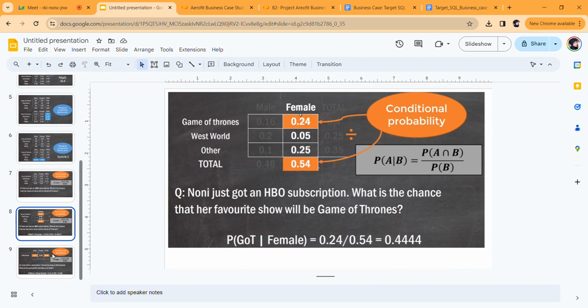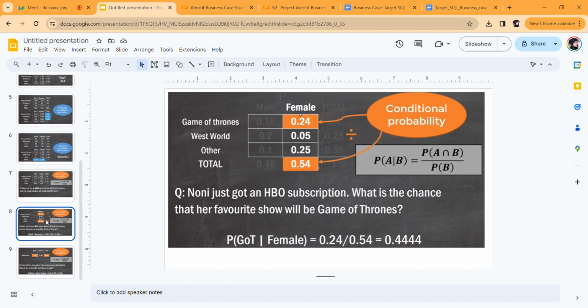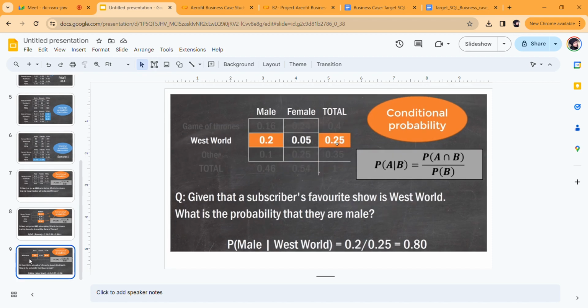So now you understood this thing, Mayur? Okay. This is the same thing happening. This is column wise, and we are using both column wise and row wise. Here the marginal probability that I am checking is for female. Here the marginal probability we are checking is for Westworld. So now the question is reversed.